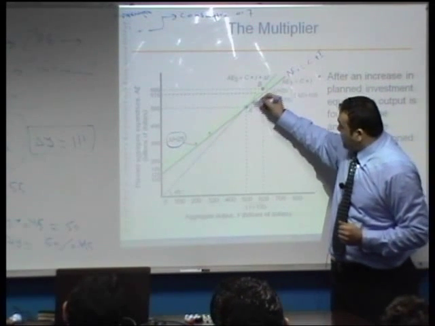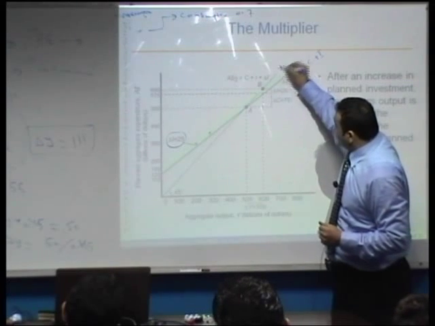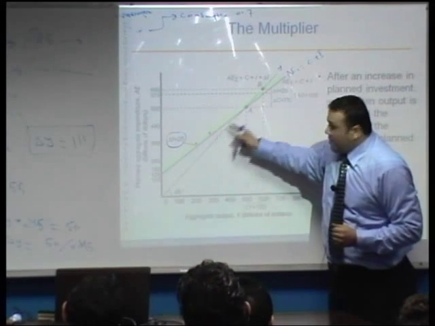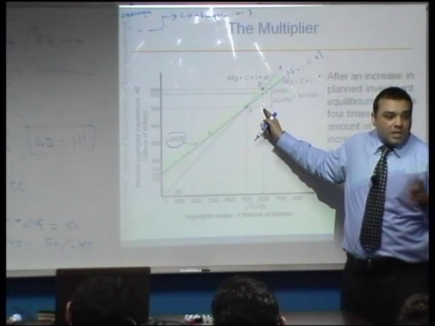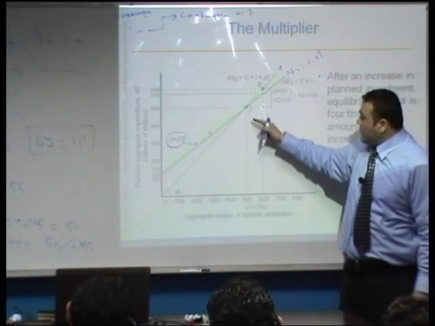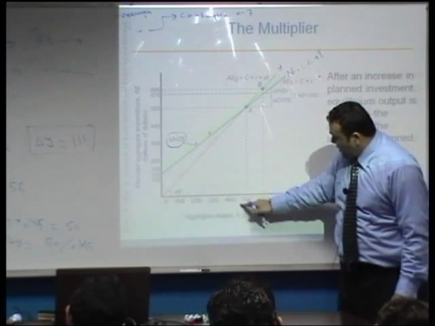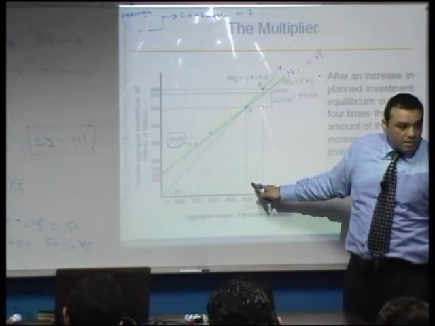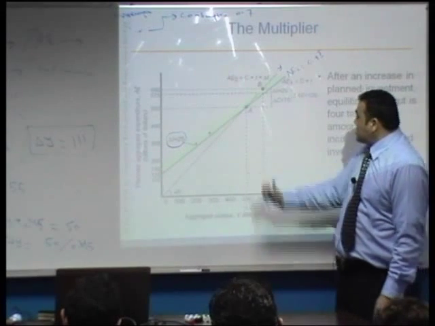How much is the change in Y? In the first stage, or the first case, this is Y, the equilibrium aggregate output. How much was it? At A, $500 million, right? And how much is the MPC?